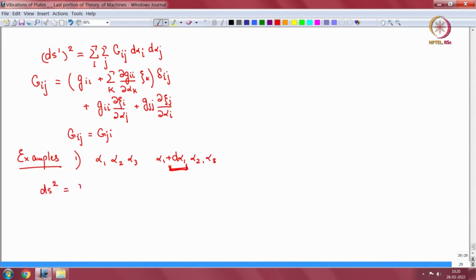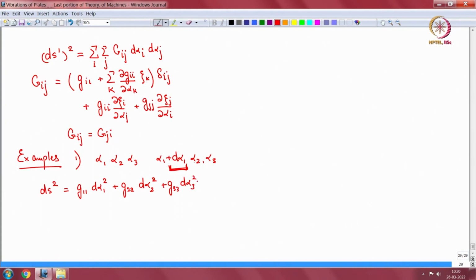If you remember, it was g11 d alpha 1 squared plus g22 d alpha 2 squared plus g33 d alpha 3 squared.